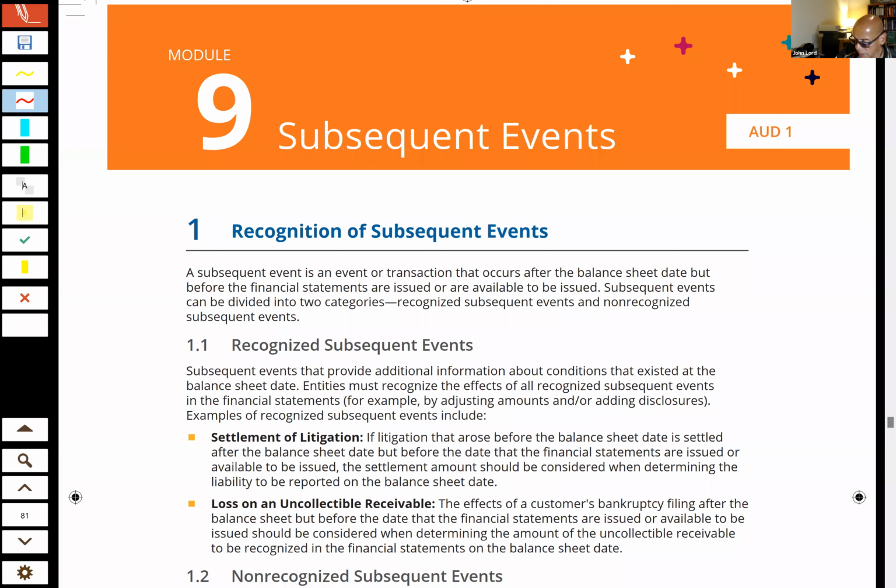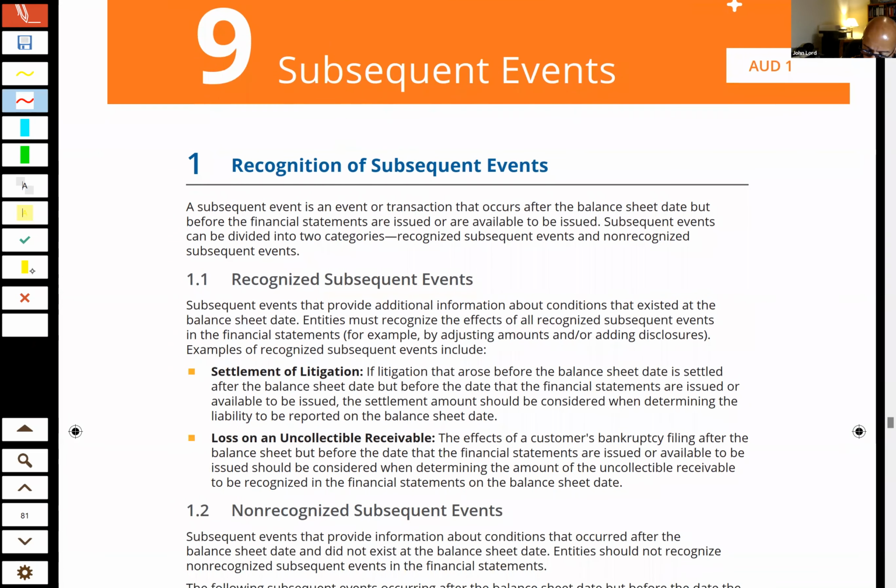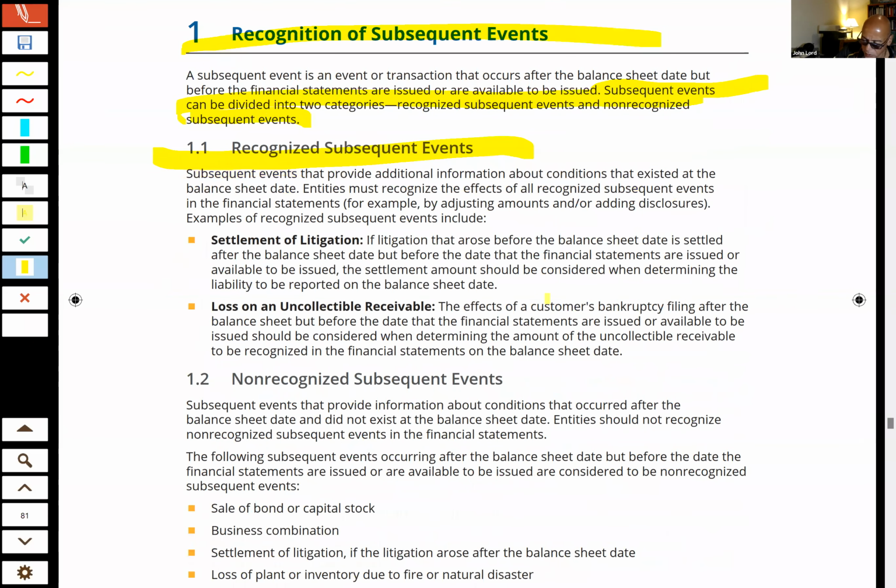So when we look at those events, subsequent events, we can break them into two types: those that should be recognized and those that do not have to be recognized in the financial statements. Okay, so there's recognized and there's something called non-recognized subsequent events, but I want you to put down here, but disclosed.